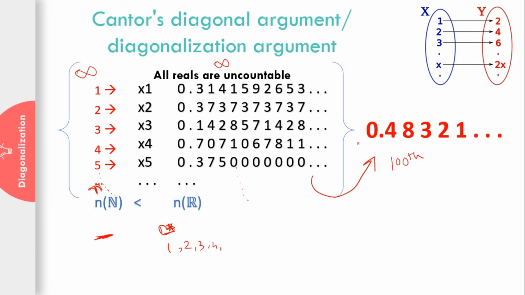But this number I cannot map, whether it's the 100th number, the 1000th number, or which nth number it is. So the count of natural numbers is smaller, and the count of real numbers is larger than the set of natural numbers. The infinite set of natural numbers is less compared to the real number set.